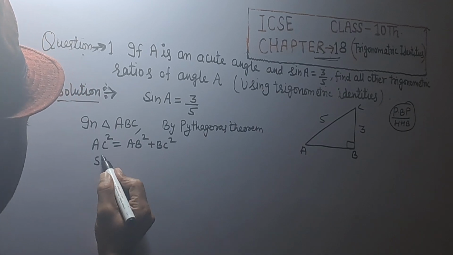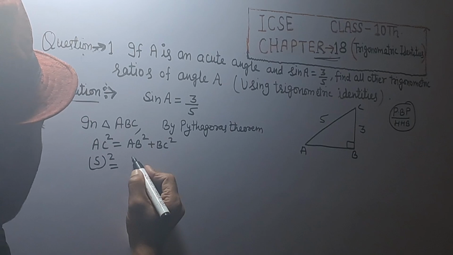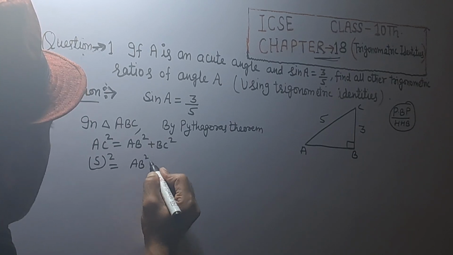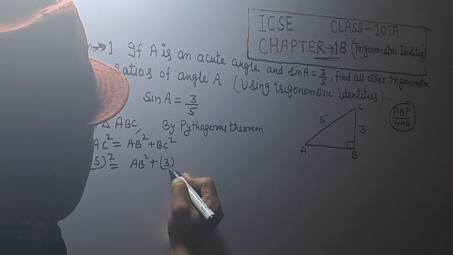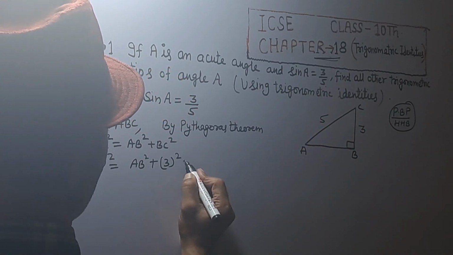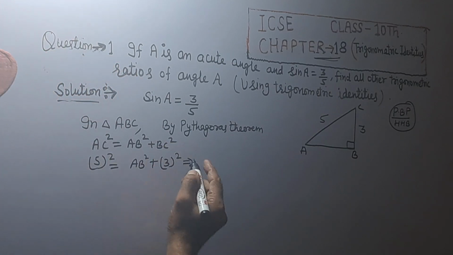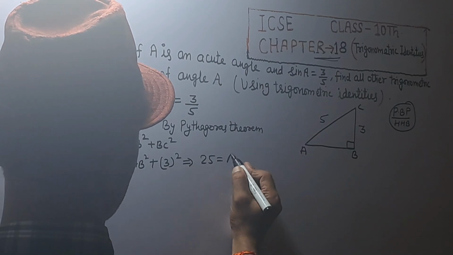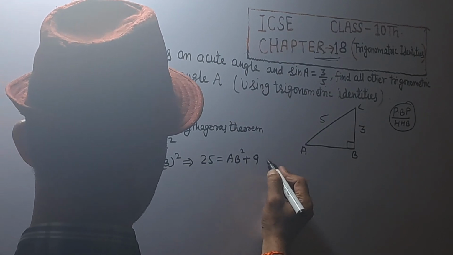AC is 5, so 5 raised to power 2 is equal to AB square plus BC, which is 3 raised to power 2, which implies 5 5s are 25 is equal to AB square plus 3 3s are 9.